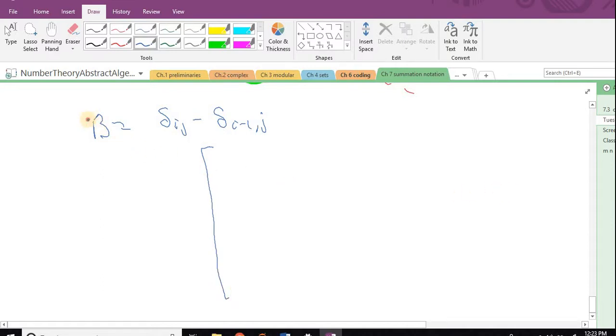So this actually should be b_ij. That's what that is. But if I'm getting the matrix B, now let's use the same technique to do this one. What does the delta_ij give me?